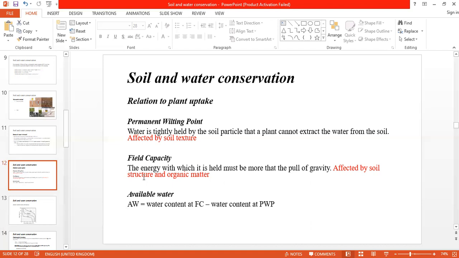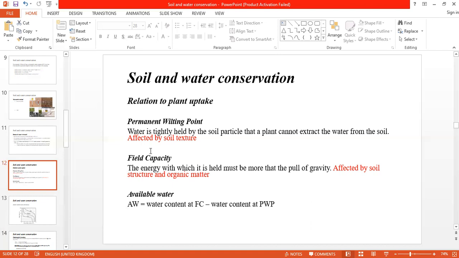But when we say available water, this available water is basically the amount of water that is available to the plant. And this will be the difference between field capacity and wilting point. So the water between field capacity and wilting point is the one available for the plants to use.